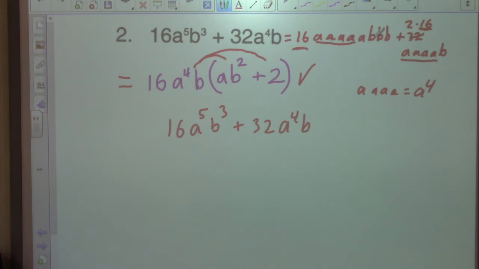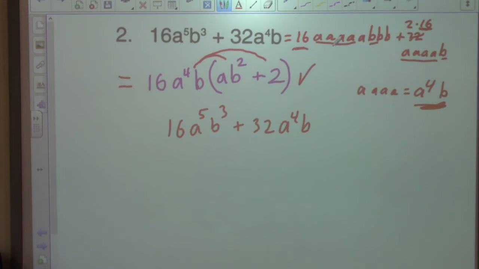And then where do we get b? Well, we have this b here, and only this b here, so we're going to have b. And so this is going to be our greatest common factor that comprehends all the a's and the b's. So that's how we got this over here. Between this 2 and 16 and this 16 here, 16 is a common factor of these.